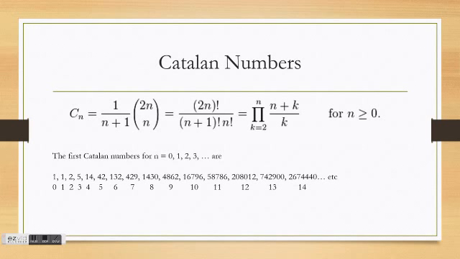The first Catalan numbers for n equals 0, 1, 2, 3, etc. would be 1, 1, 2, 5, 14, 42, 132, etc.